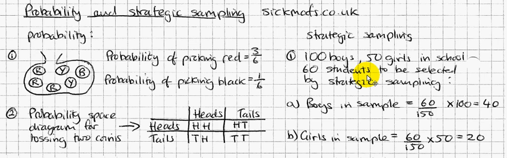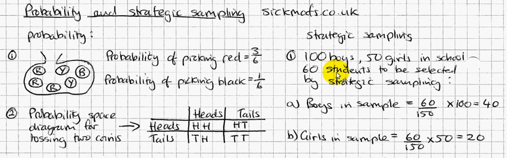So I've got 60 out of 150. That's 100 plus 50 is 150 students. That is the fraction of the students I have in my sample. Now I could simplify that fraction if you want. 60 out of 150 is just 2/5. So I've got 2/5 of the school in my sample.